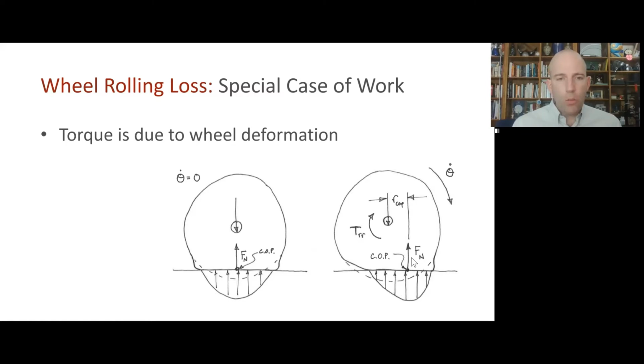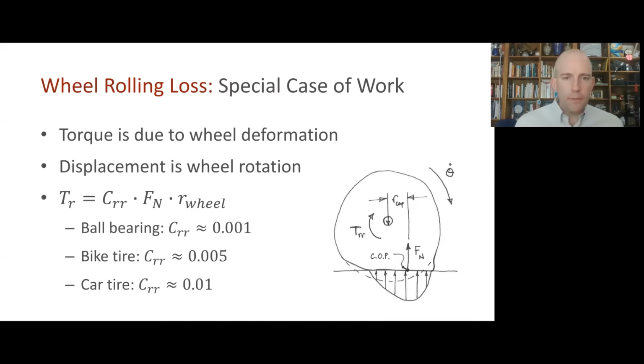So now that normal force is no longer collinear with the loading force at the center of the wheel. It has some lever arm about the center, and that means it causes a moment. And so we're going to have a rolling resistance that is proportional to that normal force times the radius of the wheel.